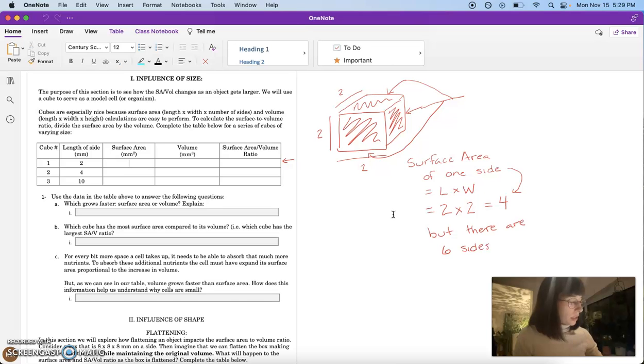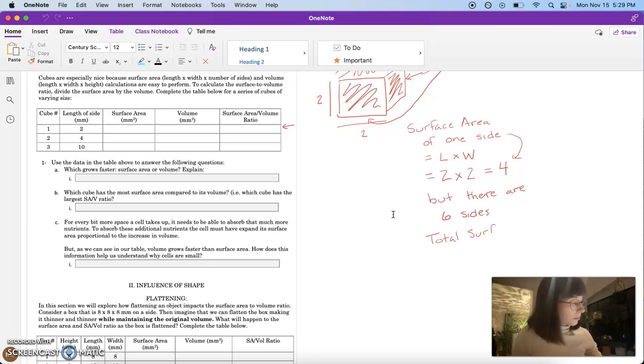So the total surface area is going to be 4, and we're getting that from up here, times 6, because there are 6 sides.